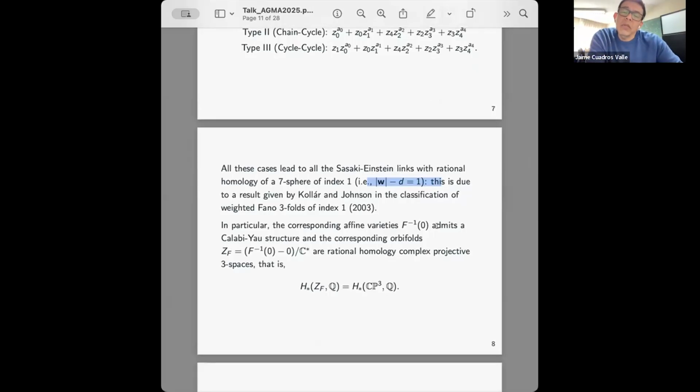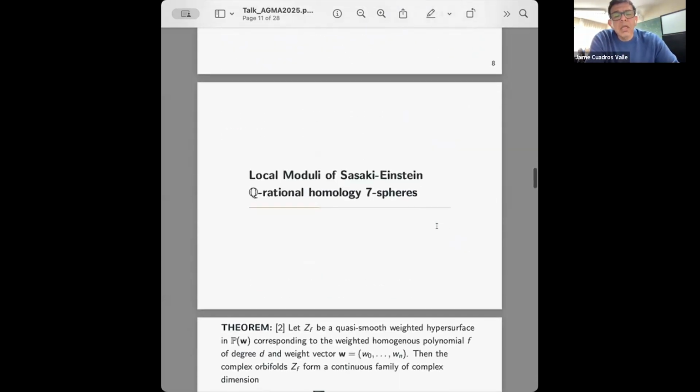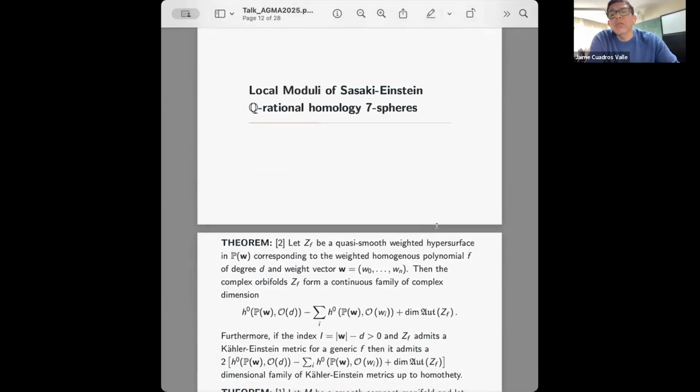So the information that we discovered on these links can be interpreted in these two scenarios. Let me briefly say, I'm not going to define exactly what the local model of Sasaki-Einstein is, because it's mainly a deformation of the space of orbifolds associated to it.